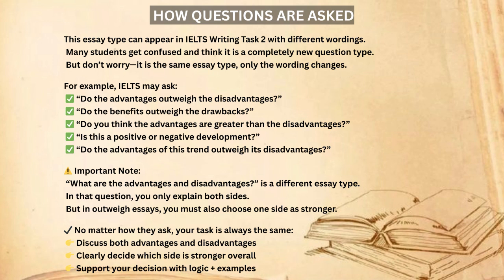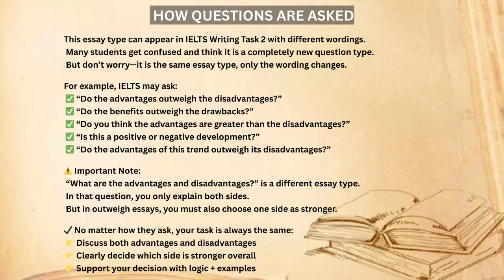Do the benefits outweigh the drawbacks? Do you think the advantages are greater than the disadvantages? Is this a positive or negative development? Do the advantages of this trend outweigh its disadvantages?